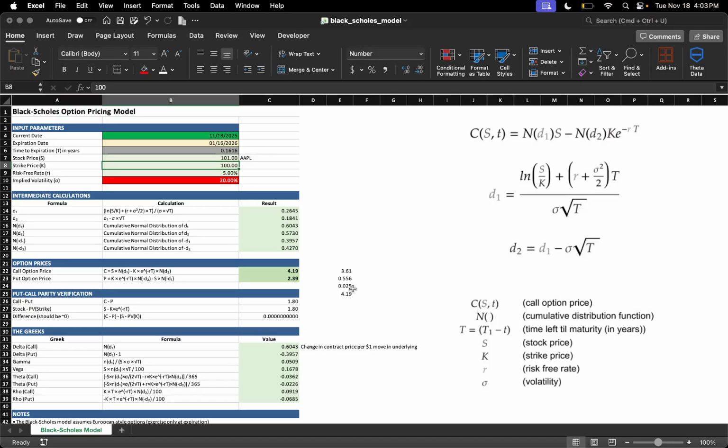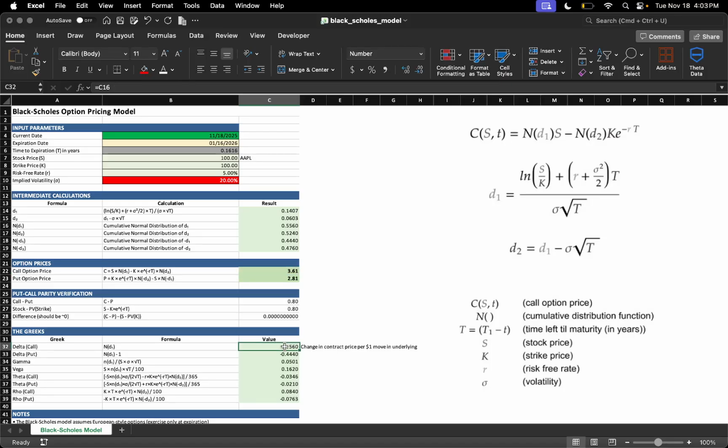We got the 55 cents from the delta, and we got our 2.5 cents from the gamma. So just by looking at the delta, we can see that for every $1 move in the underlying, we're going to get 55 cents on our contract.